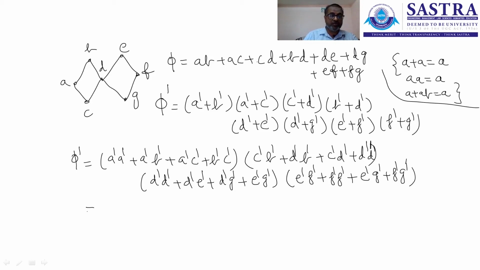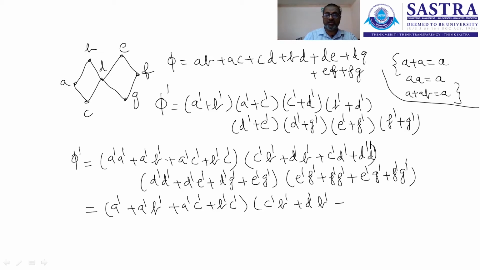Okay, now let me simplify this. I will have A dash plus A dash B dash plus A dash C dash plus B dash C dash. This would be C dash B dash plus D dash B dash plus C dash D dash plus D dash.